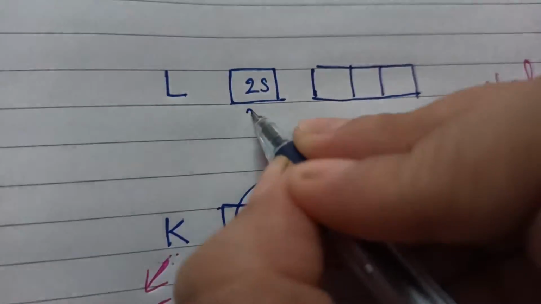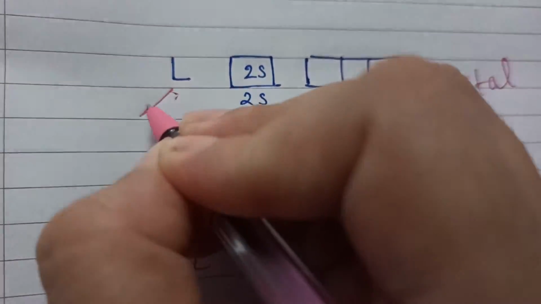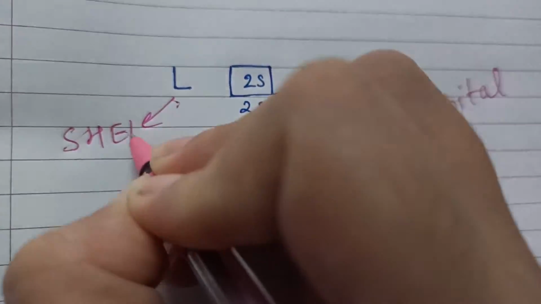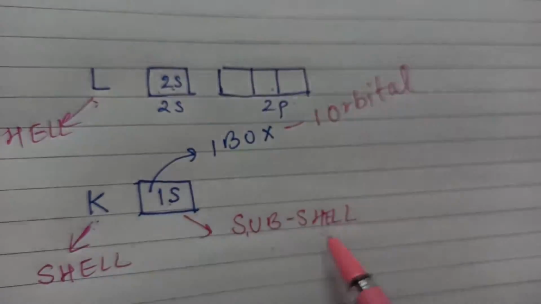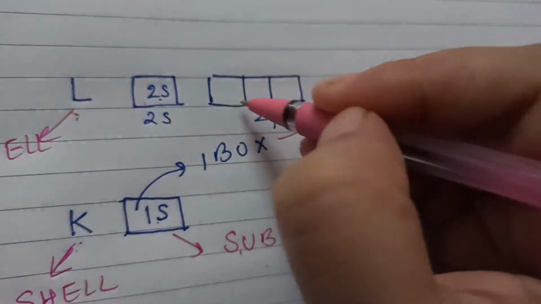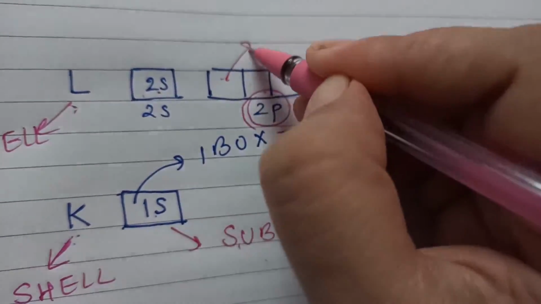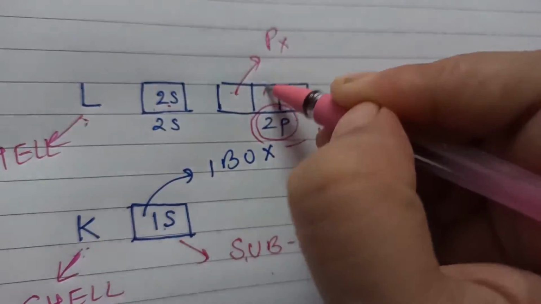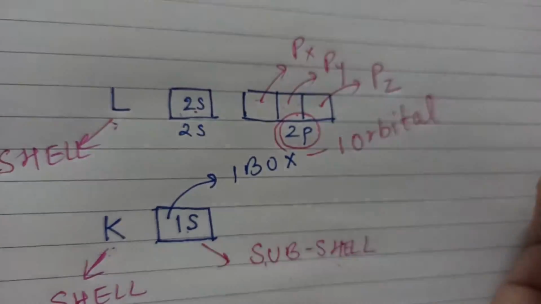So now you see, this is your what? Shell. This floor is your shell. These two houses are your subshells, and subshell 2P has three orbitals, namely Px, Py and Pz.